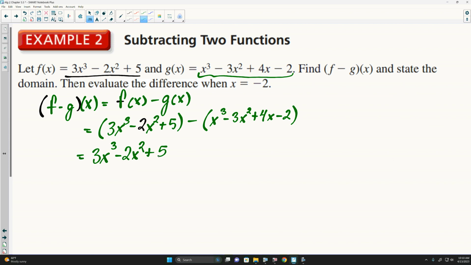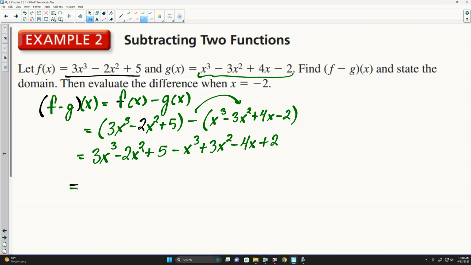We have to apply that negative to every single term over here. So we'll have negative x cubed. The negative 3x squared is going to become plus 3x squared. The positive 4x is now negative 4x. And the negative 2 is now positive 2, because we're subtracting it. We're applying that negative to every term.